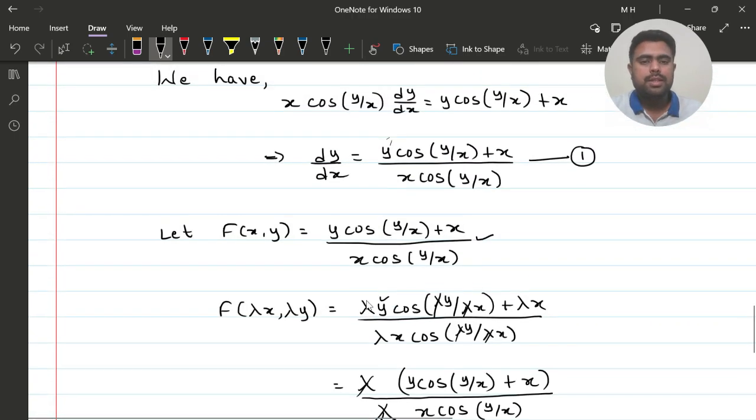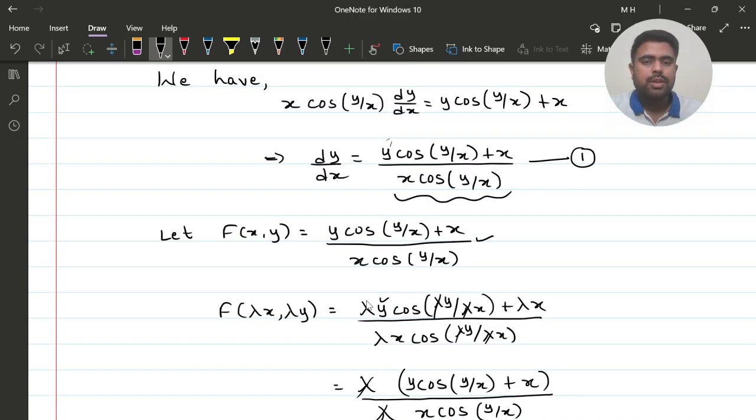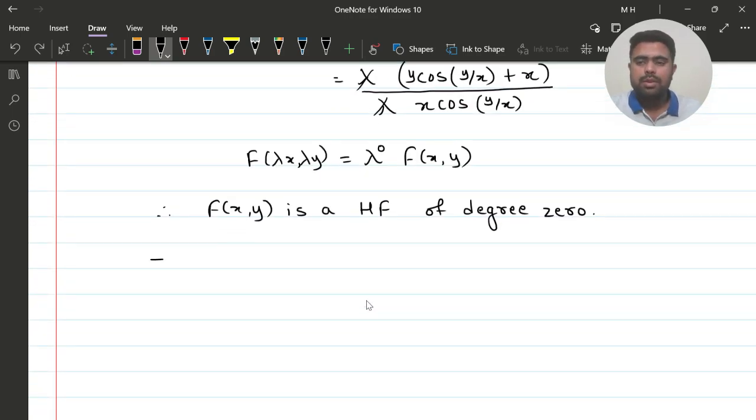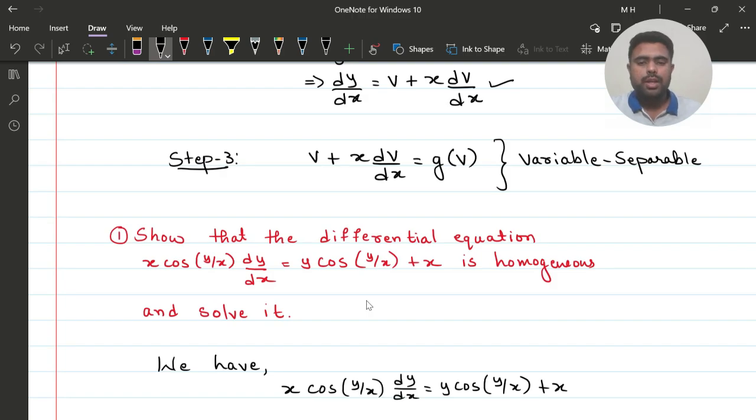So therefore, since this is a homogeneous function of degree 0, this implies equation 1 is a homogeneous differential equation. So show that the differential equation is homogeneous. This part is done.